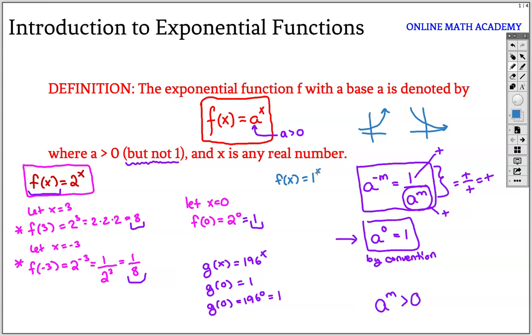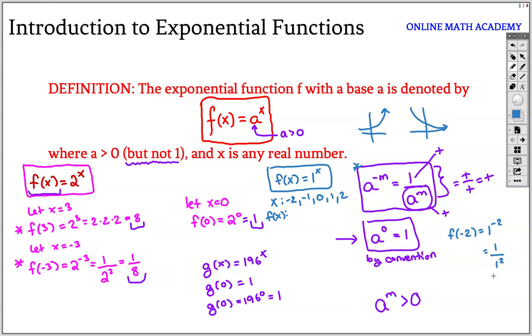Well, what happens with this function right here? Let's try a couple different values of x. Let x be equal to -2, -1, 0, 1, and 2, and let's find out what f of x is for each of those values. When x is -2, f of -2 equals 1 to the -2, which we know by this guy right here, we can write as 1 over 1 squared.